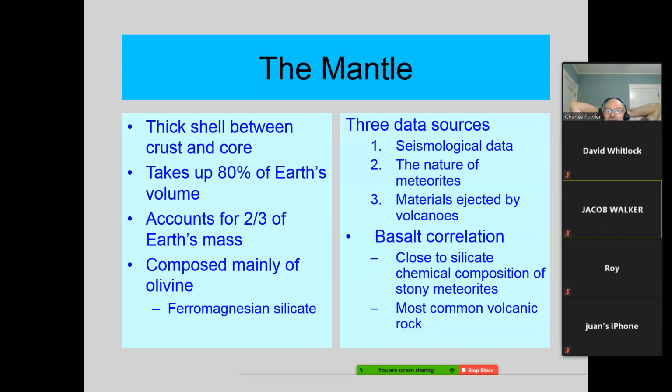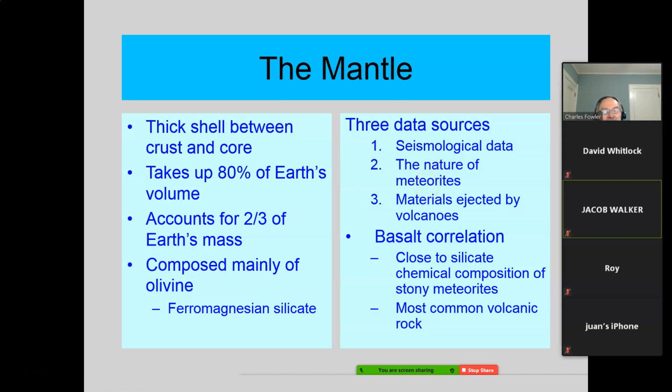Maybe the Russians barely got to it, but basically no one's been there to study it. How do we know how thick it is and what it's made up of and how much of the mass and volume? Well, seismological data, we haven't said how, but that tells us a lot of information about the mantle. Now, this one seems ludicrous to me, but I understand what they're saying.